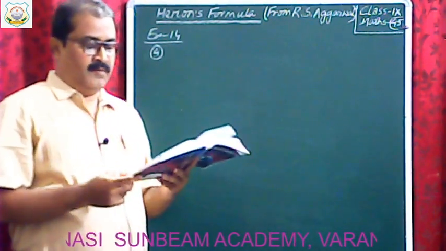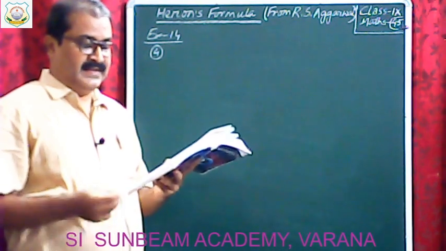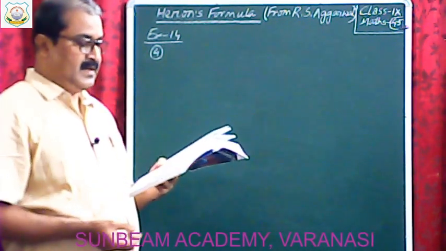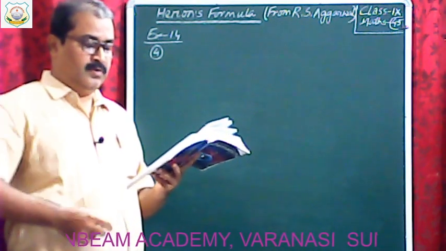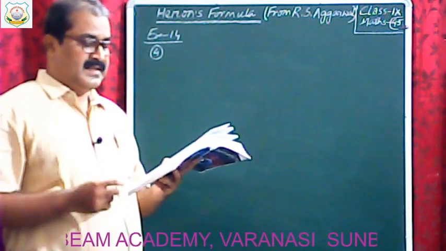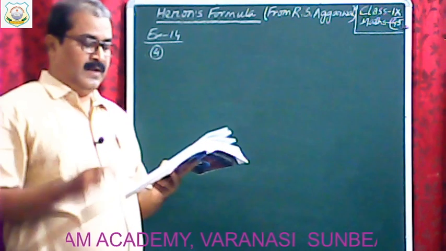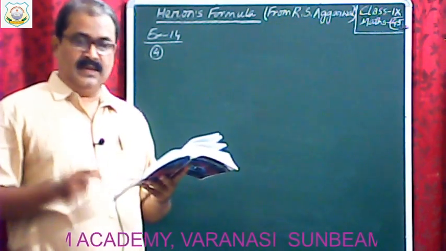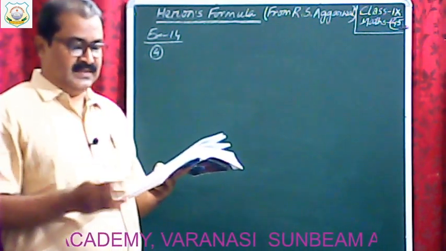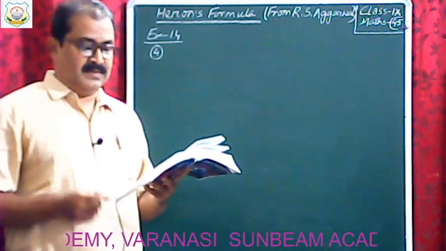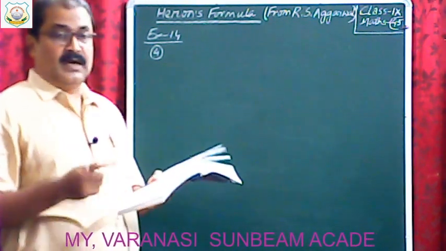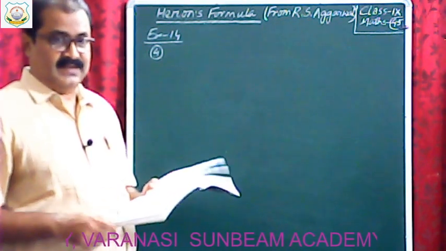Calculate the area of the triangle whose sides are 18 cm, 24 cm and 30 cm in length. Also find the altitude corresponding to the smallest side. You have to calculate the area of a triangle. All three sides are given, 18 cm, 24 cm and 30 cm, and thereafter you have to find the altitude corresponding to the smallest side.